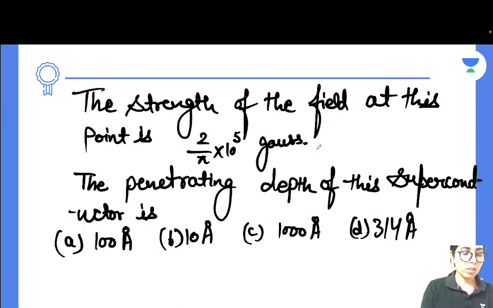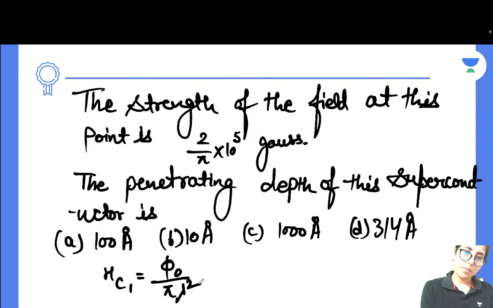So for the first case, you try to find the penetrating depth, right? In that situation, you are going to talk about HC1, and it's going to be phi naught over pi lambda square. Lambda is also known as London penetration depth. The second time, when the field will be completely penetrating within the superconductor, you will talk about the coherence length. Okay, so there are two things.